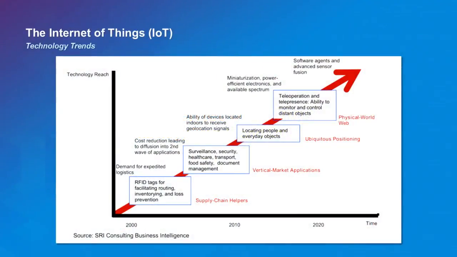So let's look at the technology trends and how they developed. If you recall, around the year 2000, we started seeing a number of RFID tags being used on packages. If you go shopping in an electronics store, you see that white strip, the magnetic strip. That's the RFID tag.